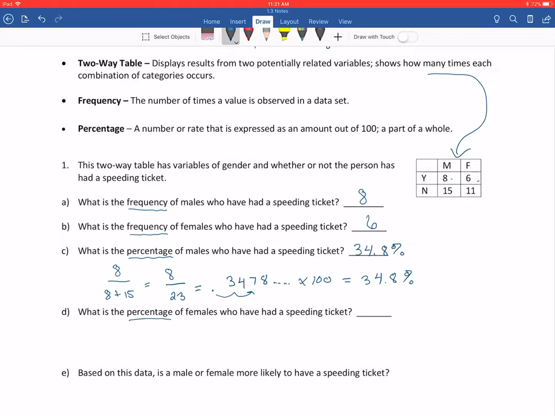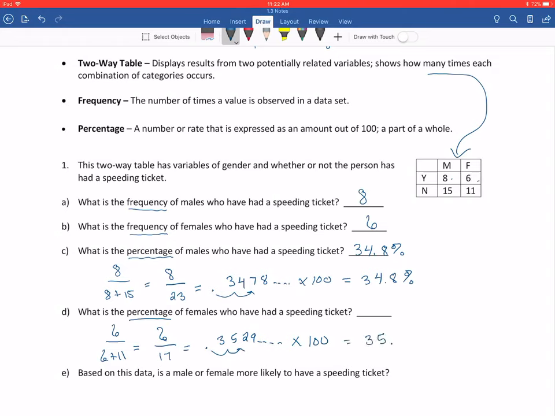Okay, what percentage of females have had a speeding ticket? We're going to work that exactly the same way. So there were 6 who had out of the total, so 6 out of 17. If we divide 6 divided by 17, that should come out as 0.3529, etc. Multiply it by 100 to make it a percentage.